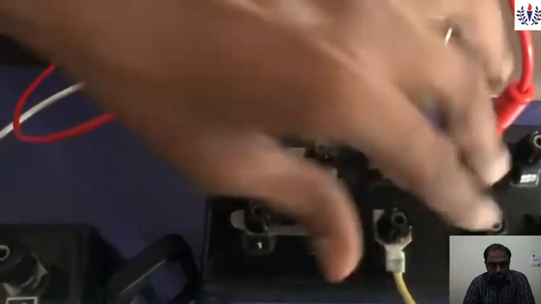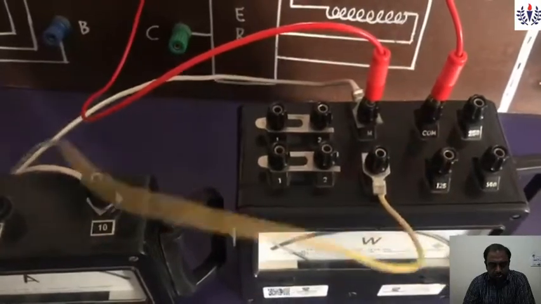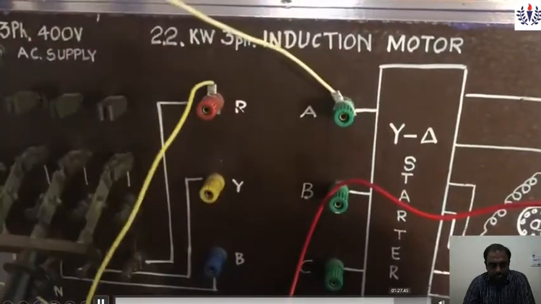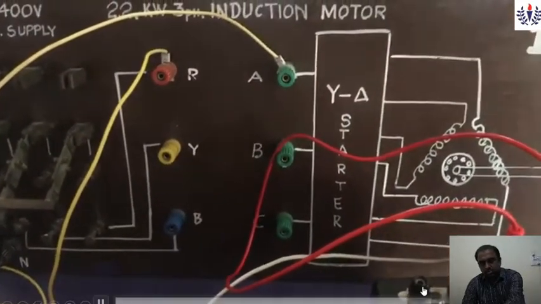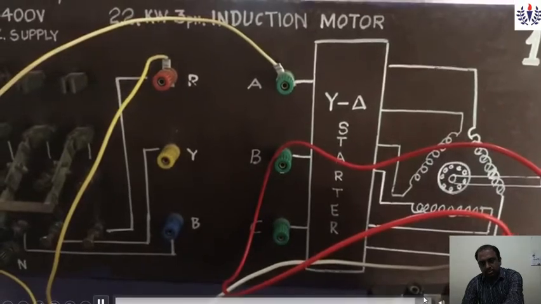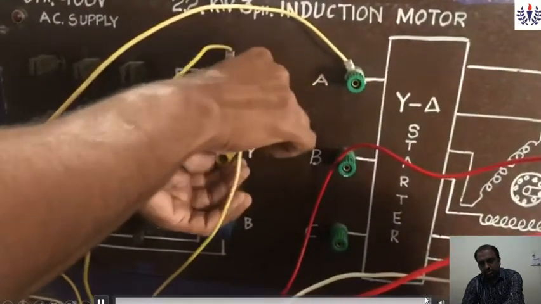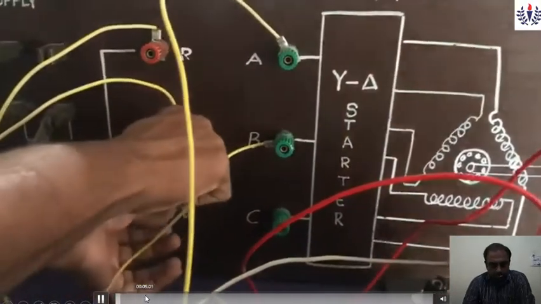L line to star connection, and Y2. This is star to delta transformation.